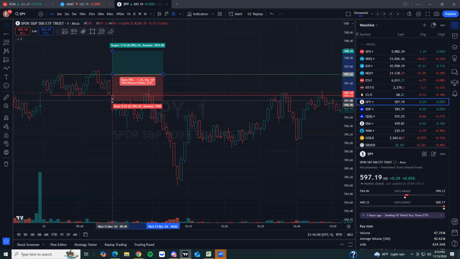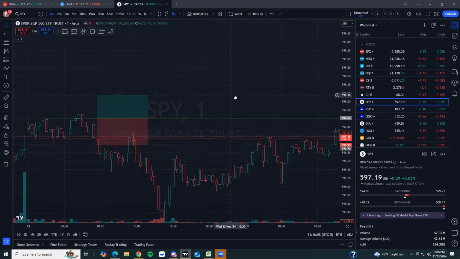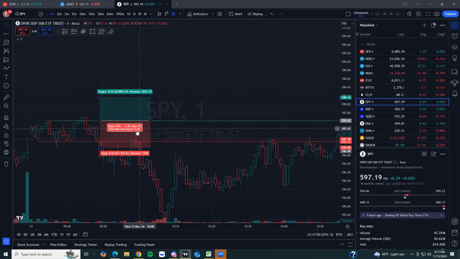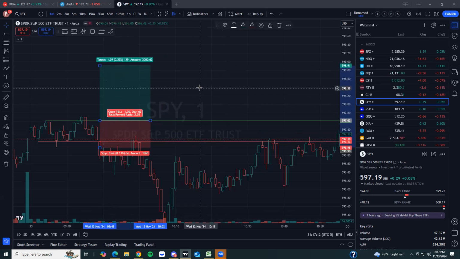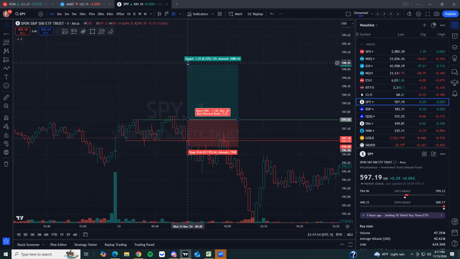You could go under the low of the day. Lowest price for the day so far was there. That is also an option. And all you're looking to do at that point is watch the ratio, as I said before. You want to shoot for 3R, minimum 2R is what I always do. So that would be 2R roughly out there. Okay. 3R trade.